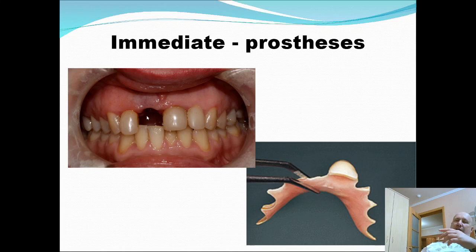Then your dental technician casts the model, and he cuts this bad tooth off from the gypsum and makes this immediate prosthesis, just in time when your patient's tooth will be extracted, under anesthesia.